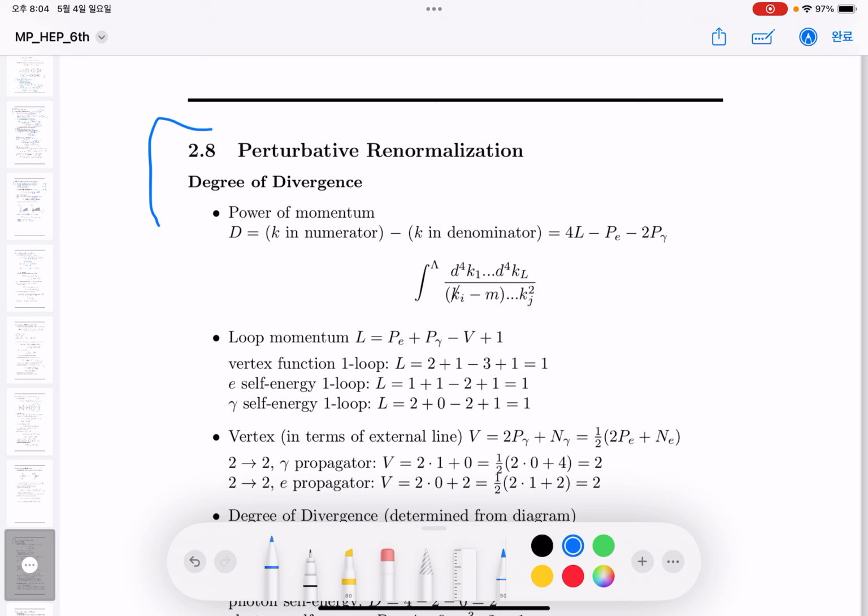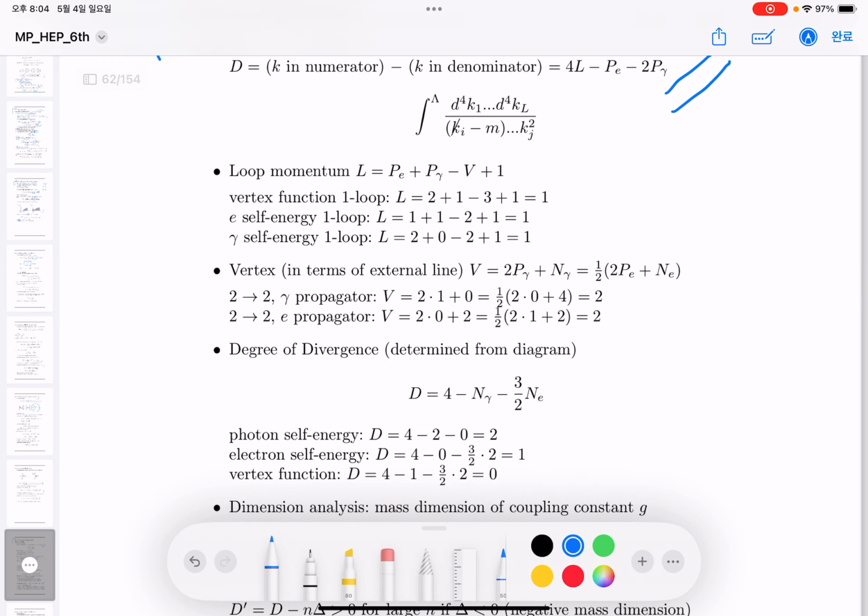Before that, to manage such divergences from the loop level, we should count how much divergence is there, and this can be done by the degree of divergence, counting the momentum powers in the numerators and denominators by using the loops and the electron propagator and photon propagator, and this can be written in terms of other diagram information like external photons and external electrons.